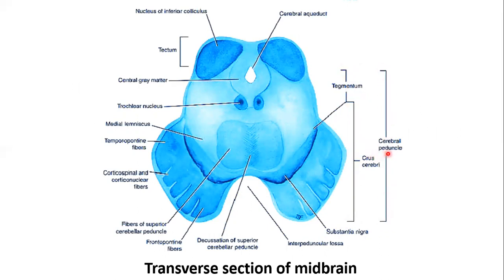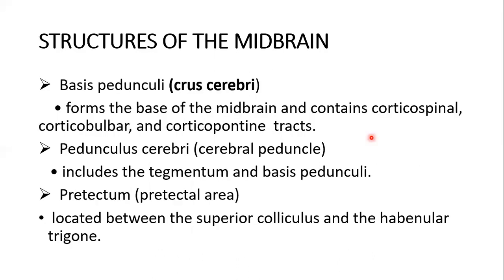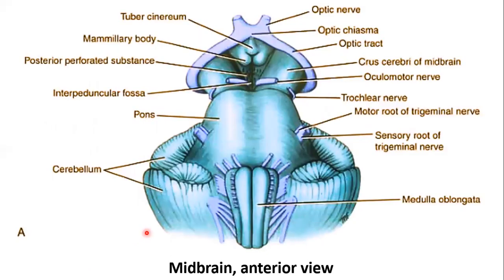Then there is an area, the pretectum, which is the pretectal area located between the superior colliculus and the habenular trigone. This is the pretectum.